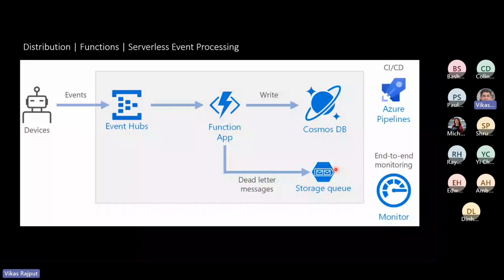There are more services on the sidelines, like Azure pipelines and monitoring and everything, because you might well have a scenario where you want to add more regions and more services depending on where in the world these events are coming through.